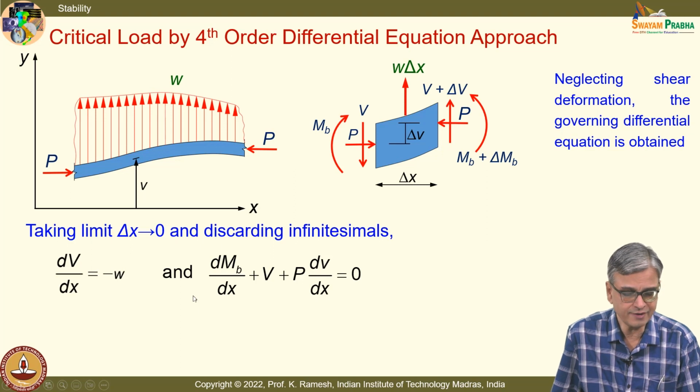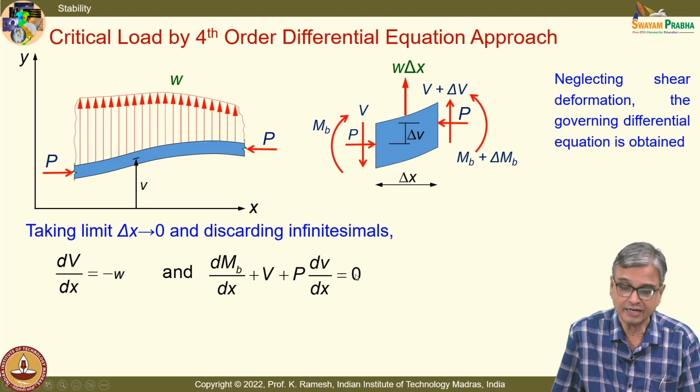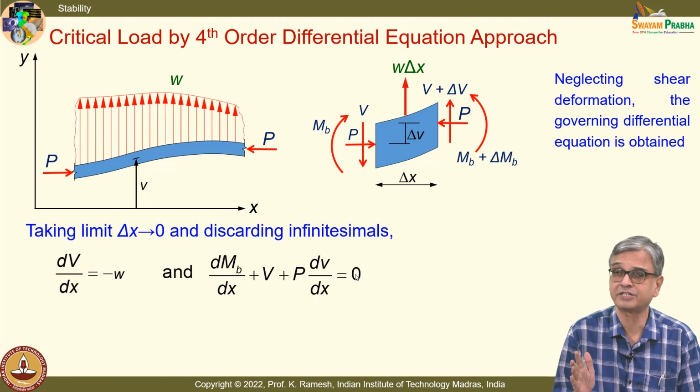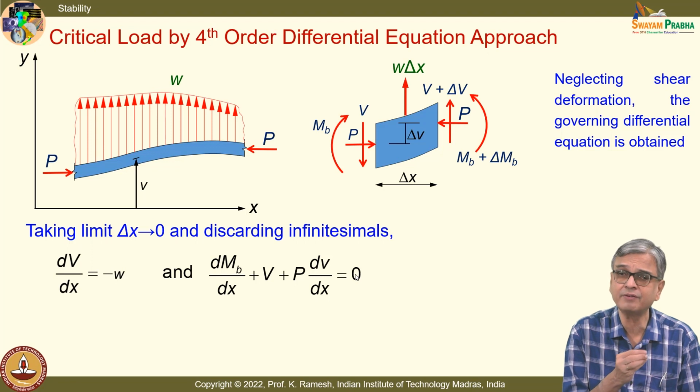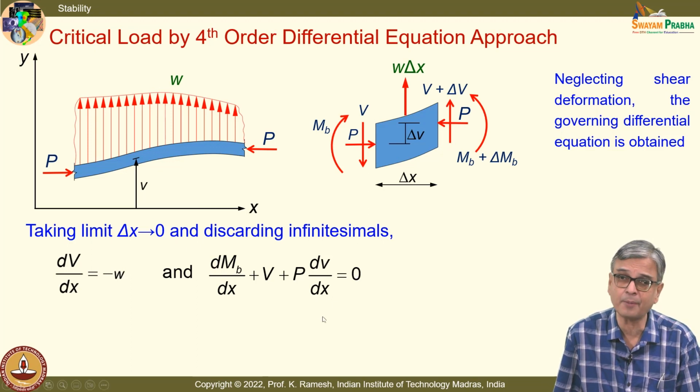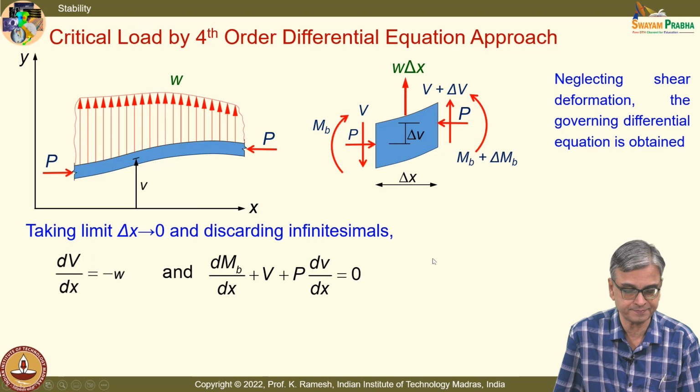And you will also have to appreciate this does not take account of the shear deformation. Even in our bending deflection, the governing equation, we never worried about shear deformation. We were worried only about the contribution from bending. So, the same limitation applies to this expression also. Neglecting the shear deformation, the governing differential equation is obtained.